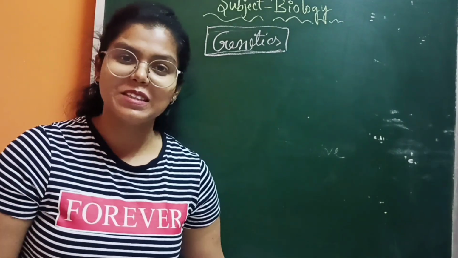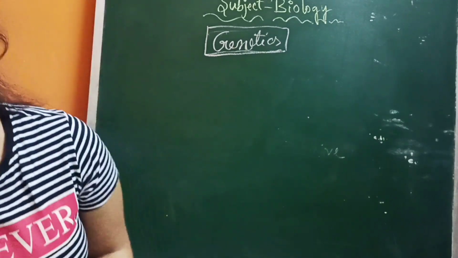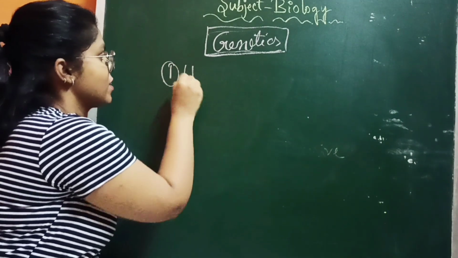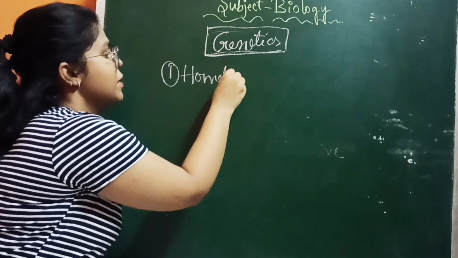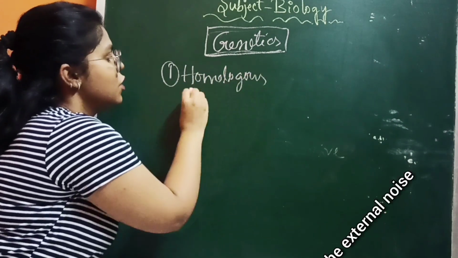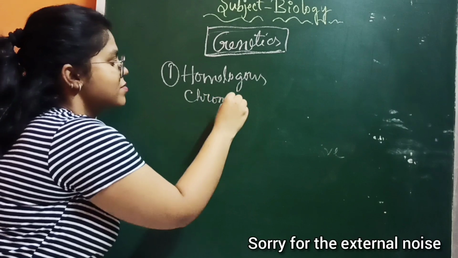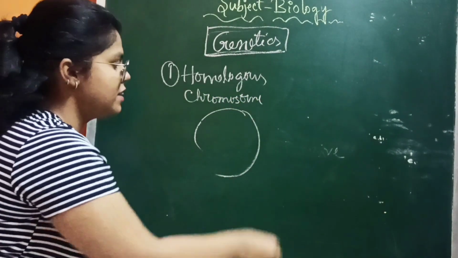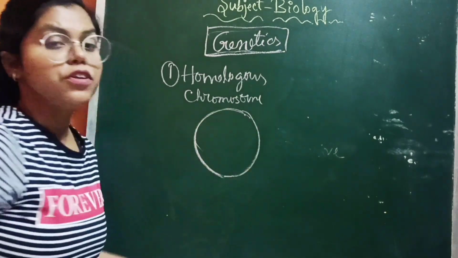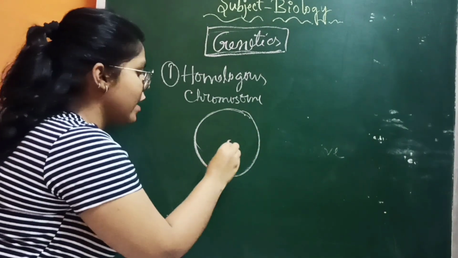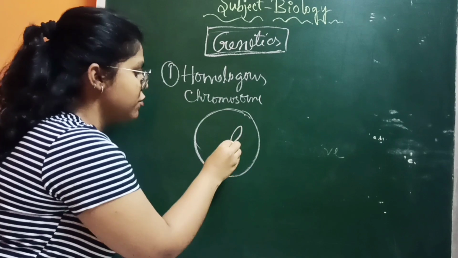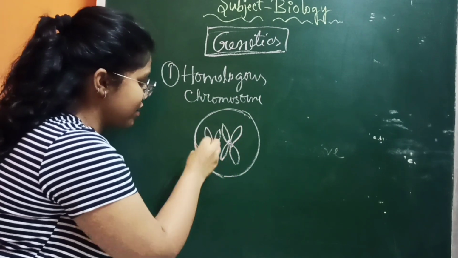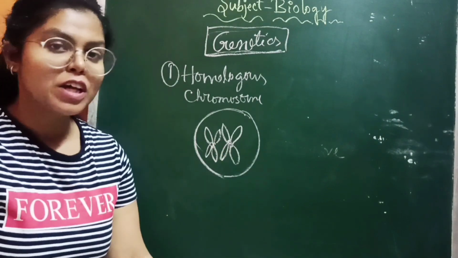Okay, so let's start. Firstly, I would like to discuss the homologous chromosome. Basically, in the diploid organism, suppose this is the nucleus. I am drawing here one pair of chromosomes.